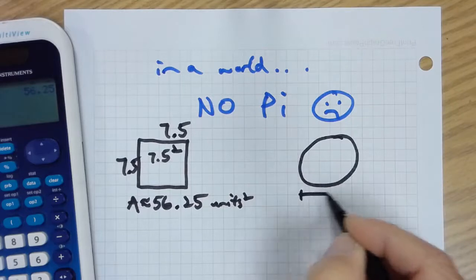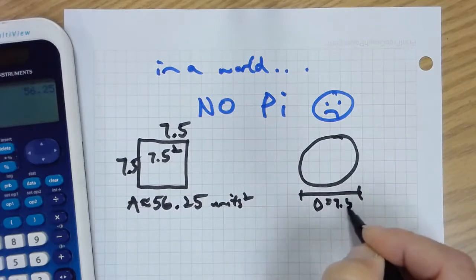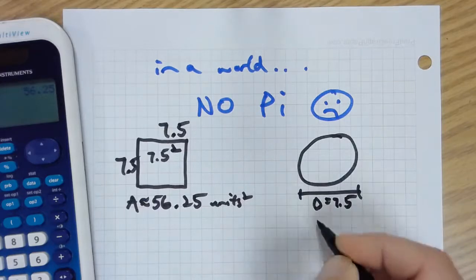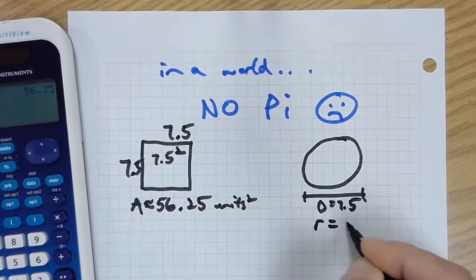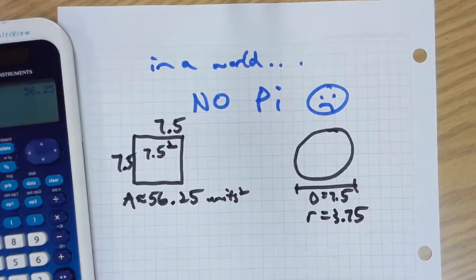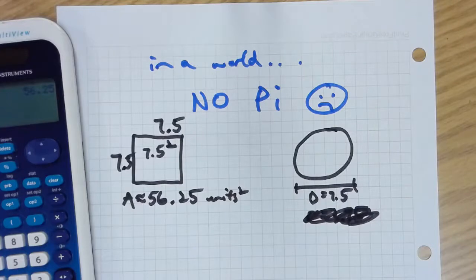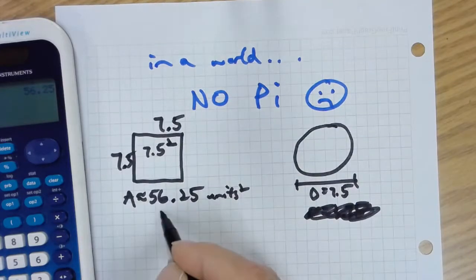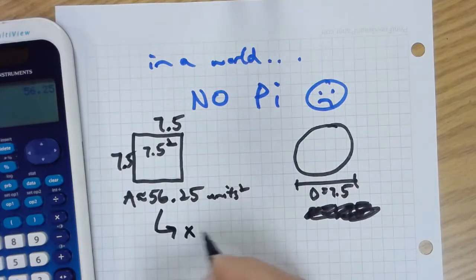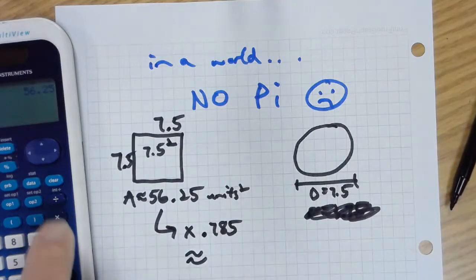Okay, now for the fun part. Circle, diameter, means radius is half of that. Oh wait, I don't need radius anymore, do I? If I just test my theory out and go times 0.785, let's see what I get.